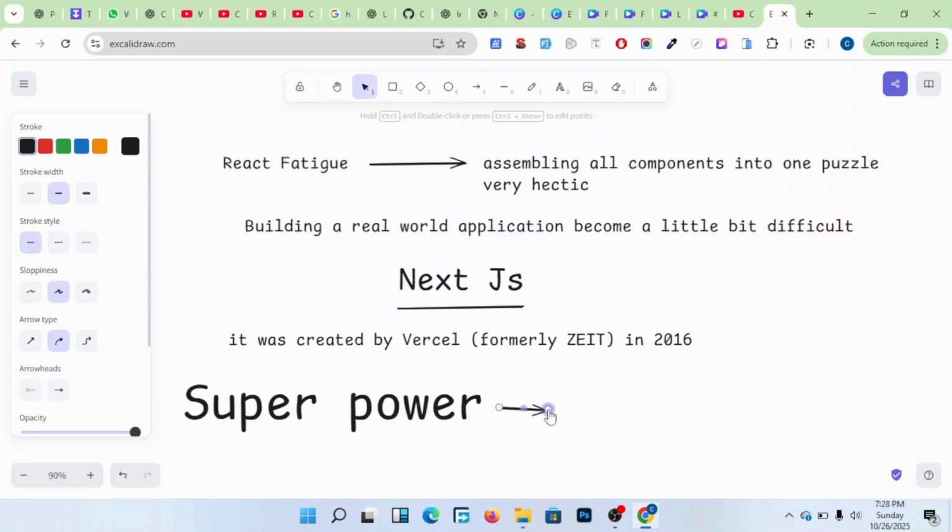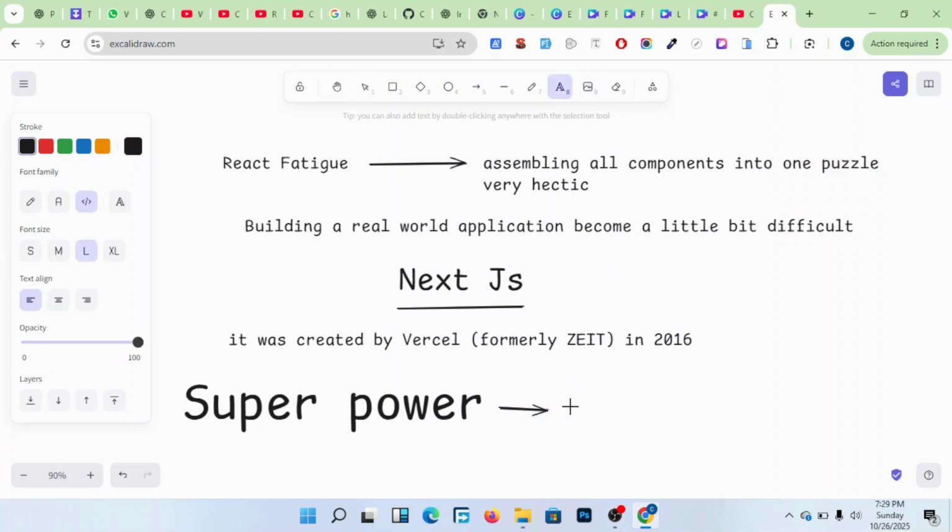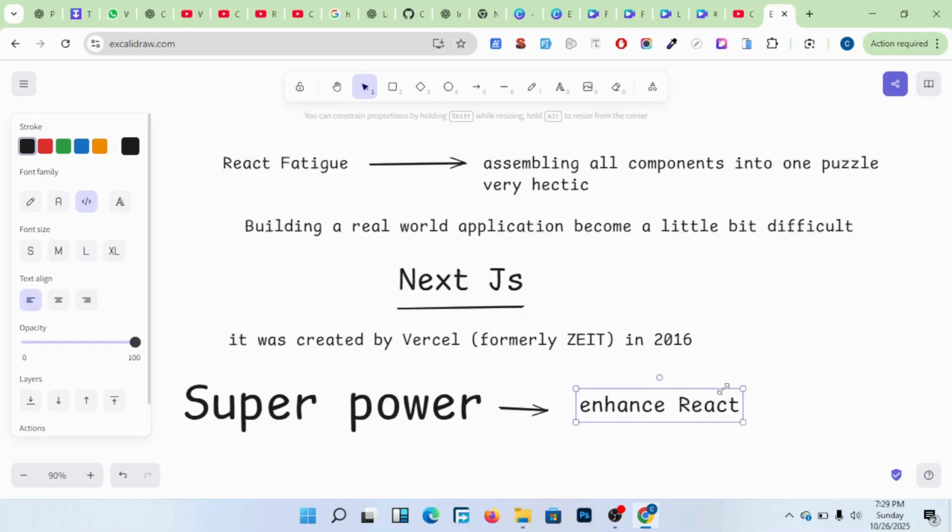So members, when they built Next.js, everything became very, very simple.